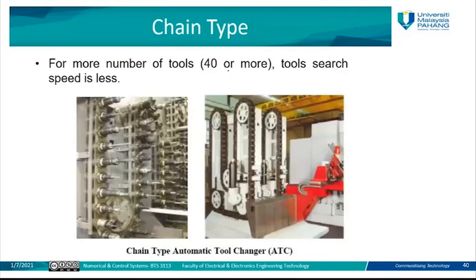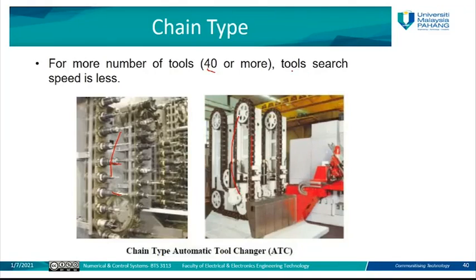The second type is the chain type. In the chain type, they use a chain, and it can be used for 40 tools and more. The chain rotates in order to rearrange the sequence of the tools.